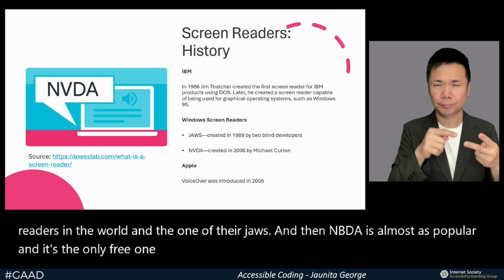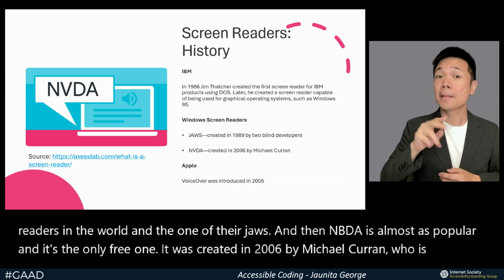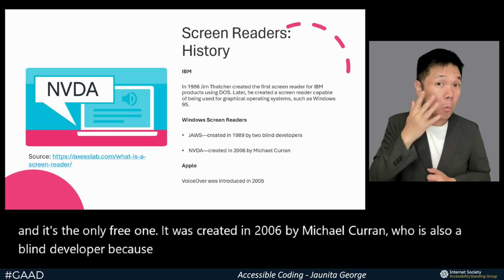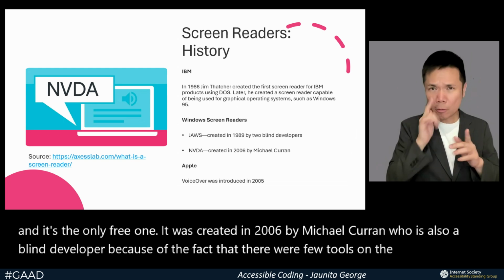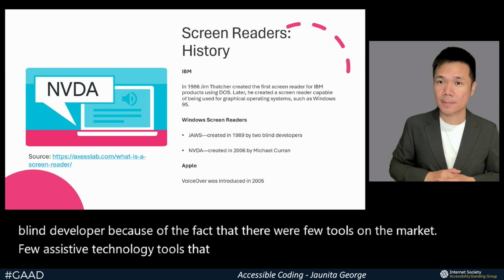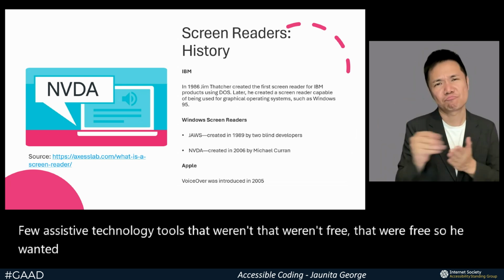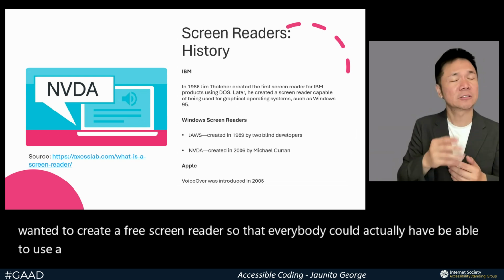It was created in 2006 by Michael Curran, who is also a blind developer, because there were few assistive technology tools on the market that were free. So he wanted to create a free screen reader so that everybody could use a computer without a cost barrier.